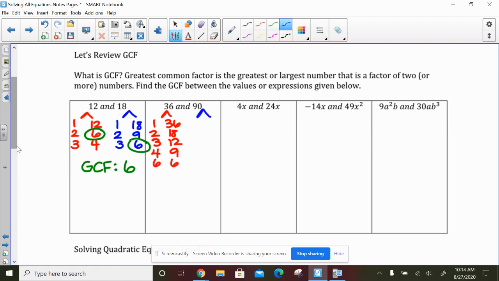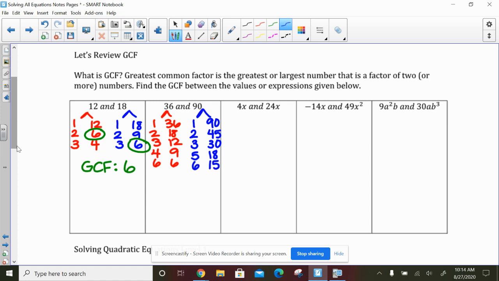Okay, and so for 90, I know I have 1 and 90, 2 and 45, 3 and 30. Do not think it divides by 4, nope. 90 divided by 5 is 18. 90 divided by 6 is 15.